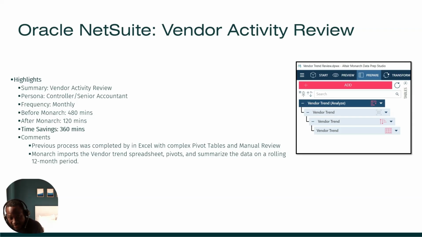The Monarch process itself is probably 3 minutes, but that time includes the 120 minutes of the accountant's time to review this. Okay, all right. So those are just some very quick examples of use cases to give you some inspiration that Monarch could actually do some transformative things with spreadsheets.